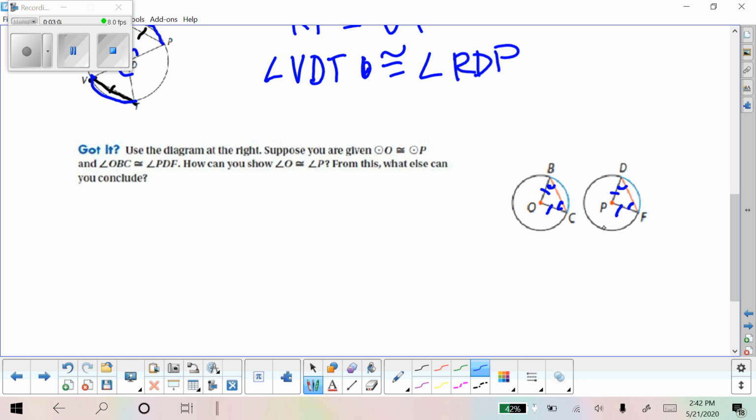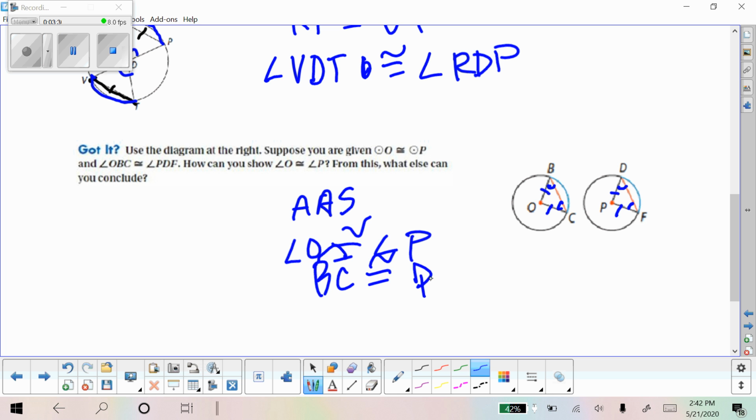So we have angle, angle, side, which tells me that the two triangles are congruent, so then angle O must be congruent to angle P. And then with that, you get that the arc BC is congruent to arc EF. And also that the chord BC is congruent to the chord DF.